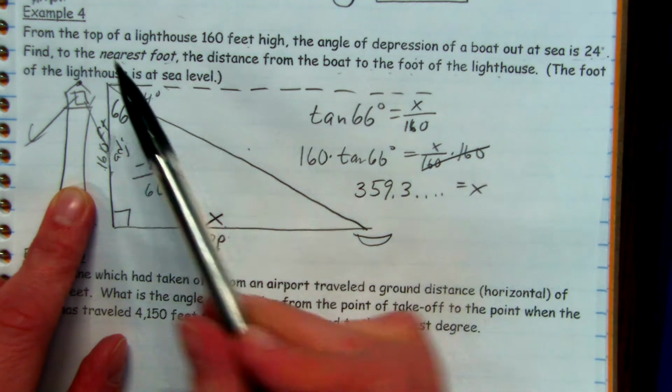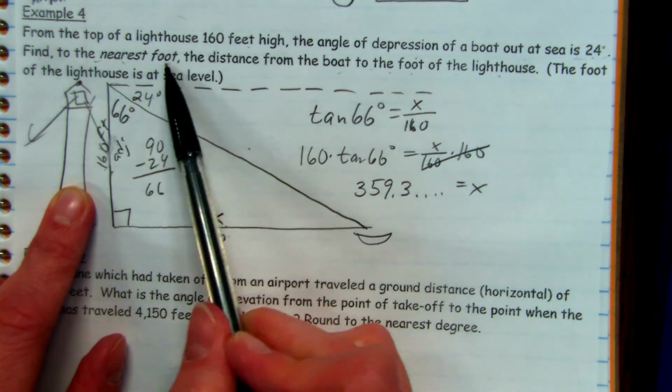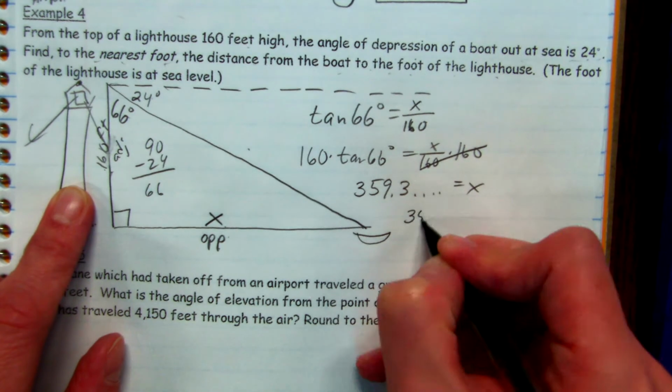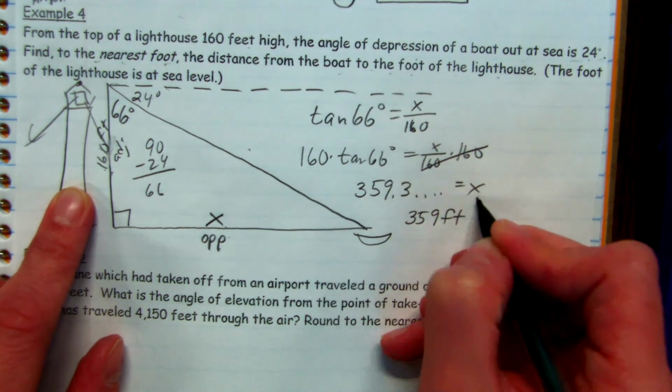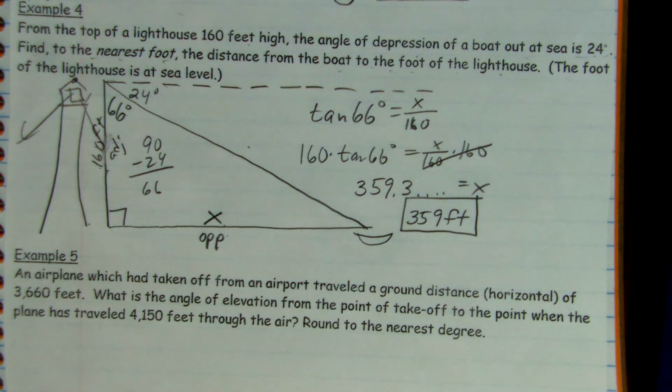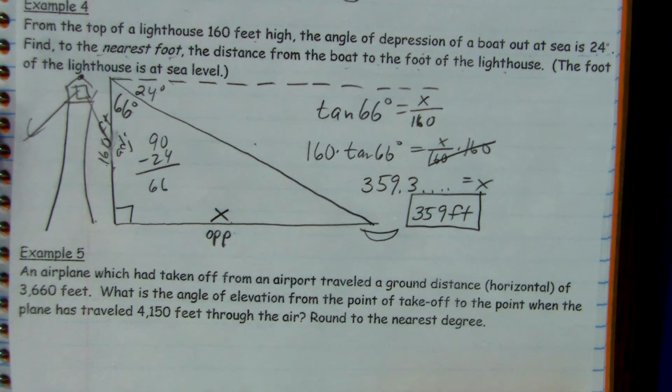It wants us to round to the nearest foot. So what would be the nearest foot? 359. So 359 feet will be my answer. So we're still basically just setting up the triangle. The only thing that's really interesting is figuring out angle of elevation, depression, where to put the angles on the picture. Okay, we've got one more.